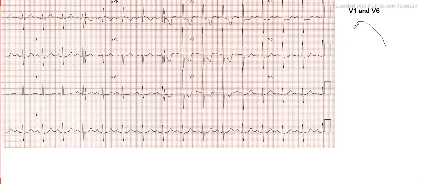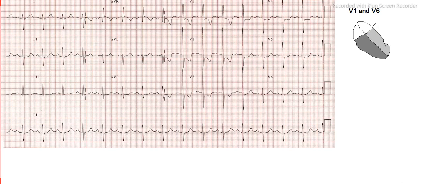Suppose this is your heart. Let me divide it and label it. This is the right ventricle here, and this is the left ventricle here.